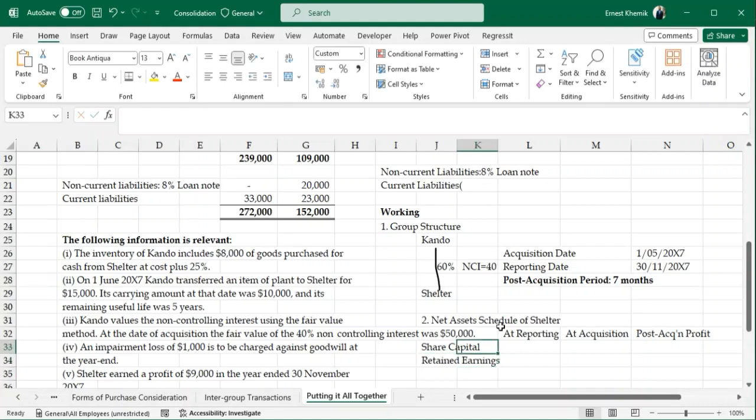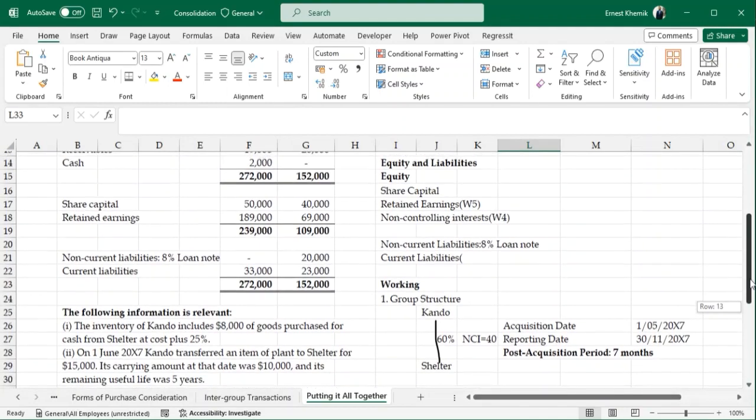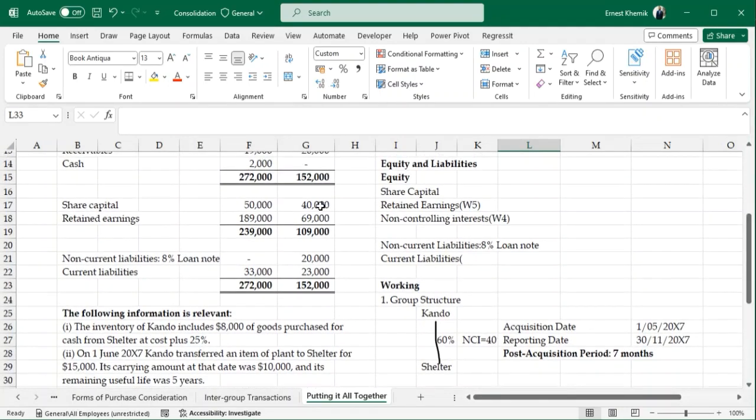Now, what is the value at the reporting date? The value of the share capital at the reporting date can be found in the statement of financial position of the separate entities. So my share capital is 40,000 for Shelter, and then the retained earnings is 69,000 for Shelter.